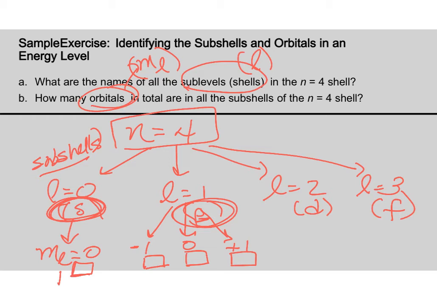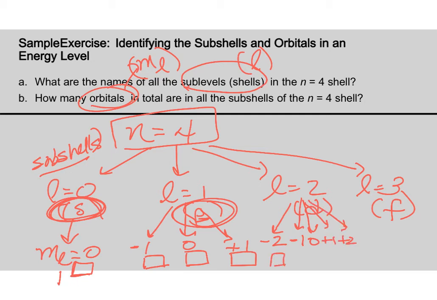This may be ringing a bell. We need this information when we do electron configurations. When l equals 2, what are the values that m sub l can have? Well, it starts at minus l, right? So we can have minus 2, minus 1, 0, plus 1, and plus 2.